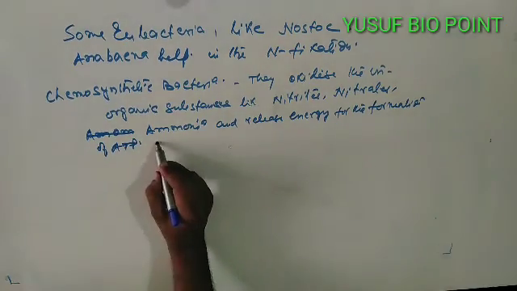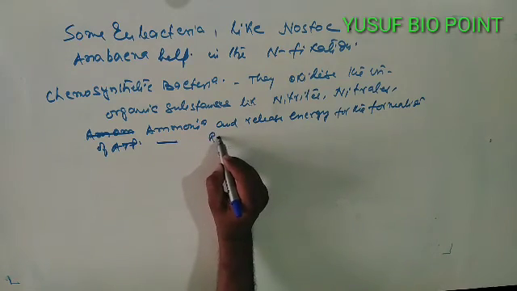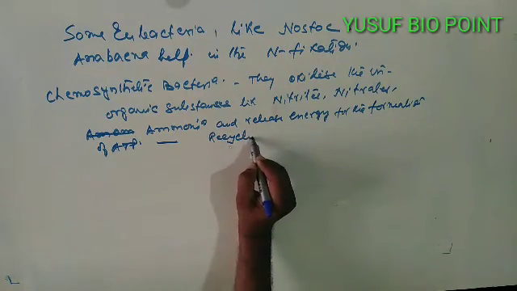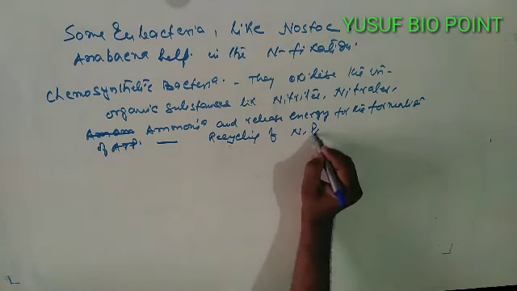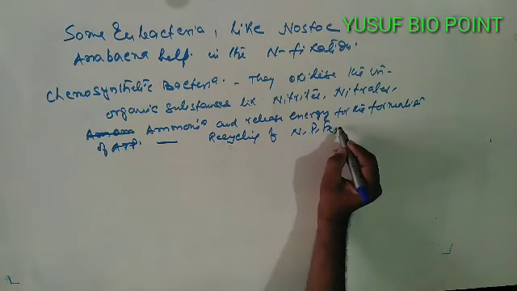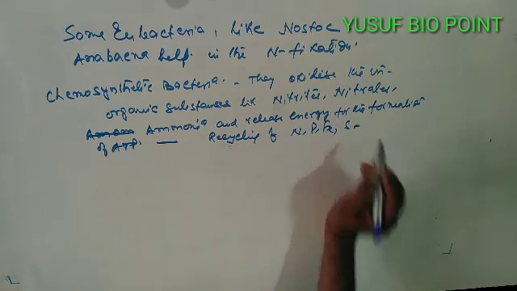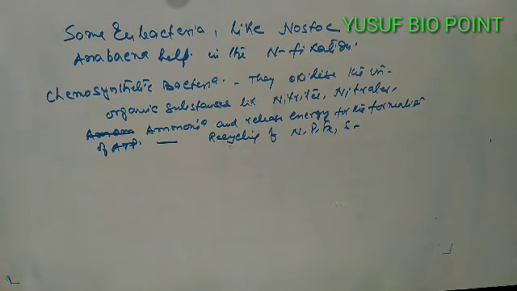Understand? And it is also important in the recycling of nitrogen, phosphorus, Fe, and sulfur, etc. So they are the chemosynthetic bacteria. They use chemicals as their food, and they oxidize these.